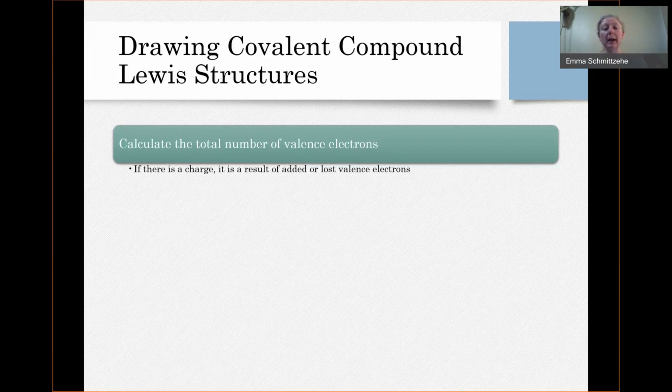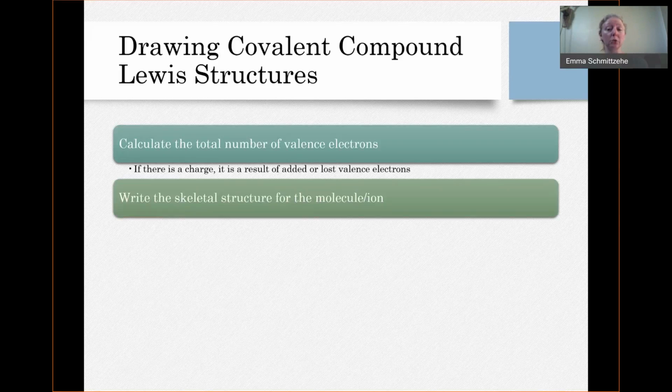So not just adding up the electrons each atom gives you, but if there's a charge, then you either lose or gain some of those electrons. And once you have that, what you should do is write out the skeletal structure of the molecule or ion.